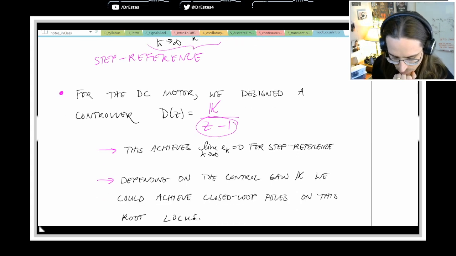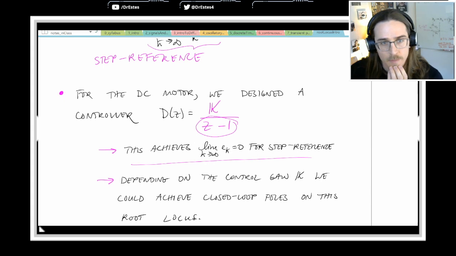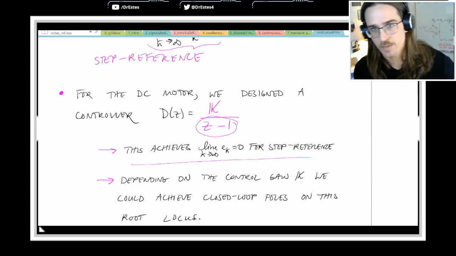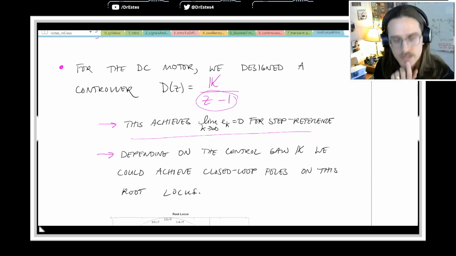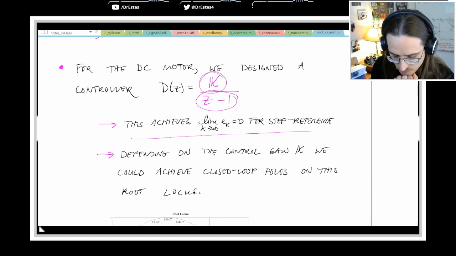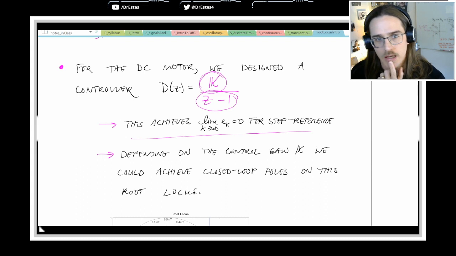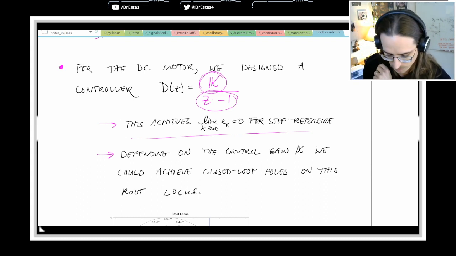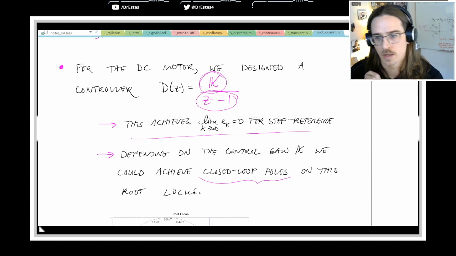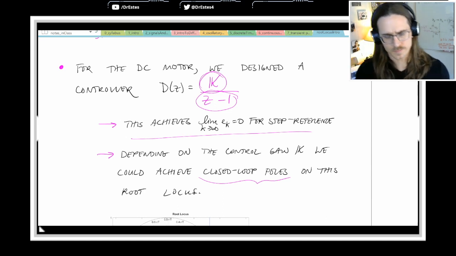So that's what I'm saying right here. This achieves 0 steady state error for a step response. We've seen it in action. It works. And then depending on how you choose the control gain K, you can achieve different closed loop poles. And remember, closed loop poles dictate the transient performance.